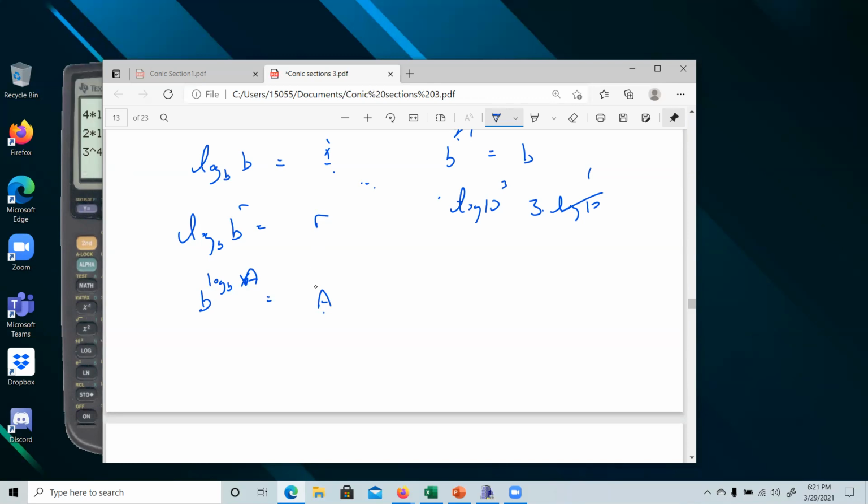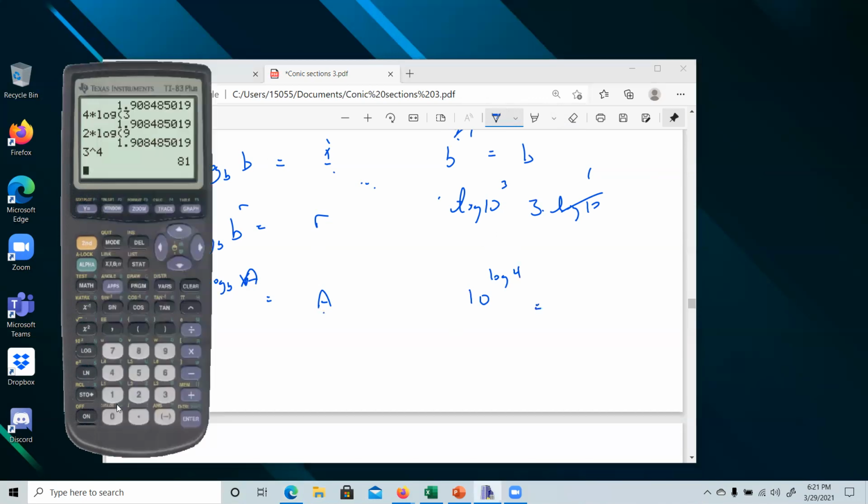So what if I said we have 10, because that's what we have. We can check it in the calculator. So we have 10 raised to log, the same one in your calculator, of 4.